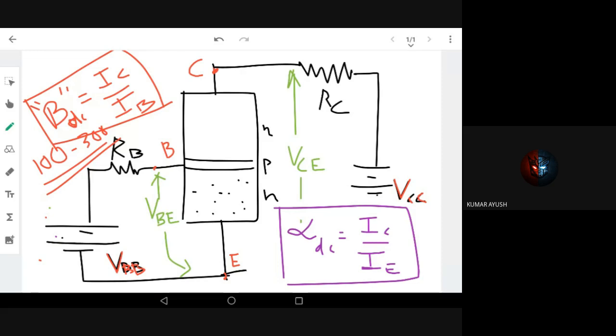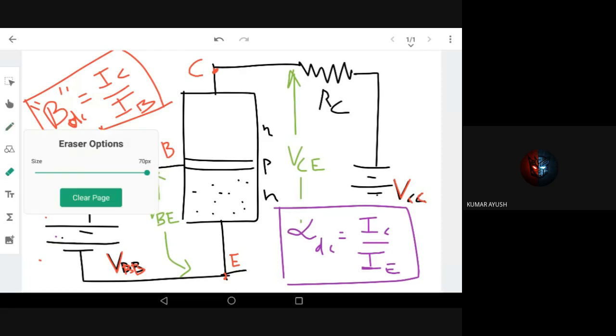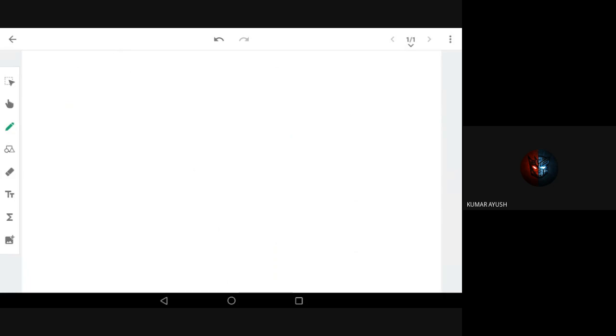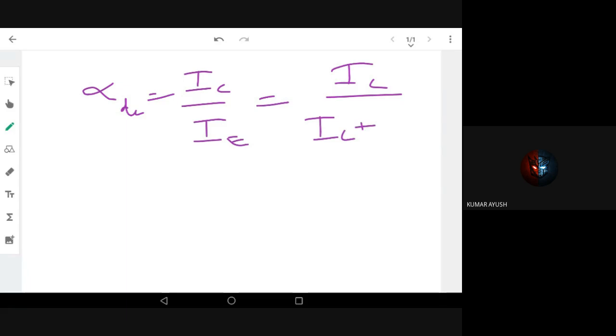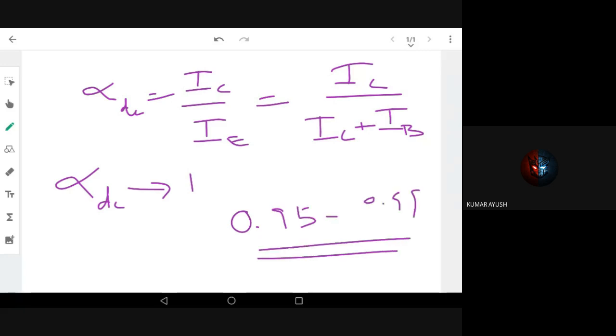Because IB is negligible, alpha DC equals IC divided by IE, which is IC divided by IC plus IB. As IB is very small, this value approaches 1. The usual value is around 0.95 to 0.99. In a high power transistor, it may be a bit less.